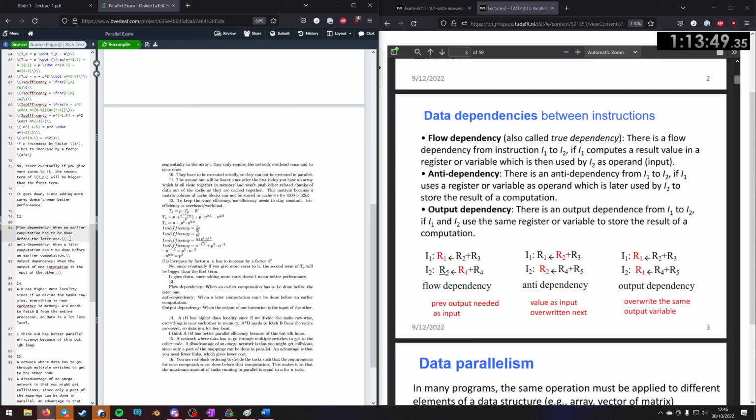But that's because, honestly, you guys were right here, and I just wrote it down wrong. Yeah, previous output needed as input. Yeah, the value as input overwritten. Yeah, and overwrite. This visualization helps, I always try and remember it like this. So I'm just going to study this.